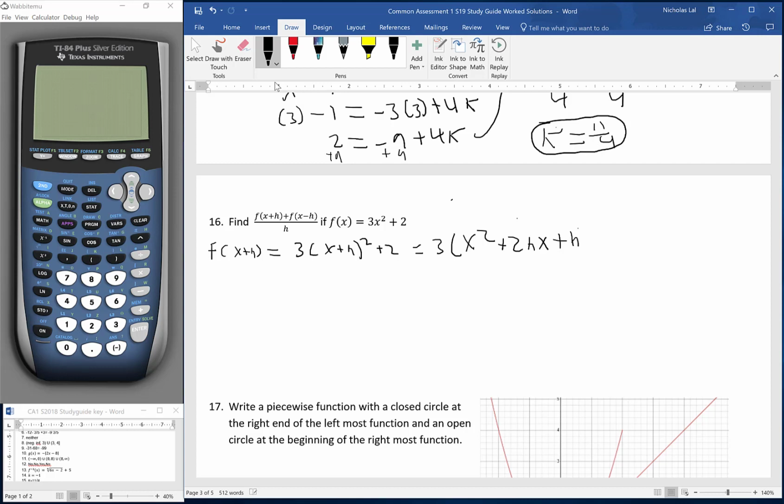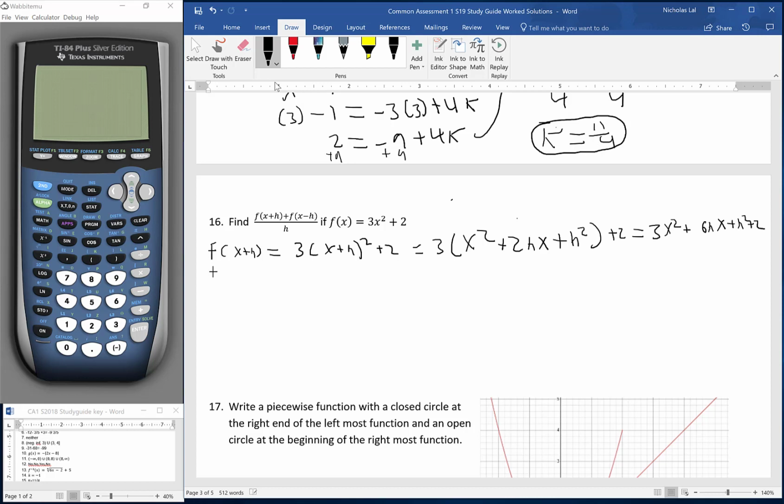So that's going to be equal to 3x squared plus 6hx plus h squared plus 2.